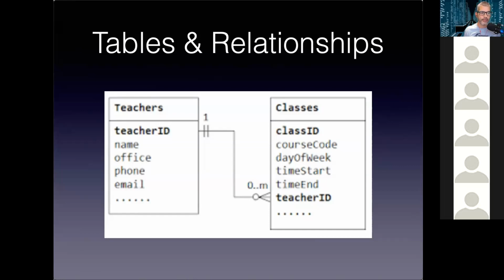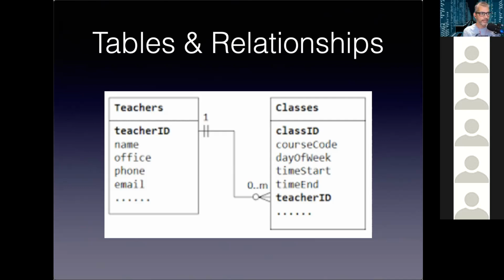So in the classes table, we have a teacher ID, and that is connected to the teacher ID in the teachers table. You'll see some small symbols next to the teacher ID in each table. Essentially, what this is doing in visual form is modeling the relationship.